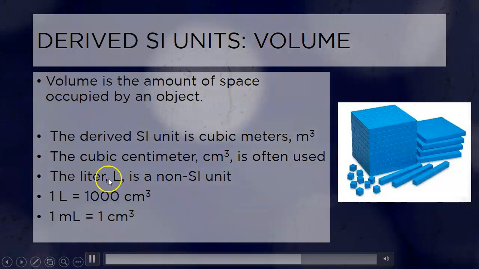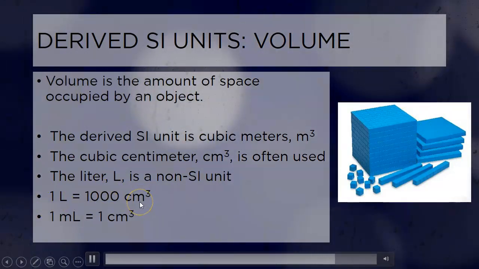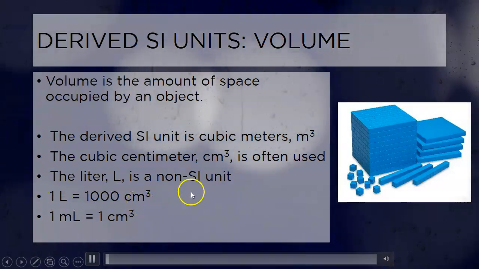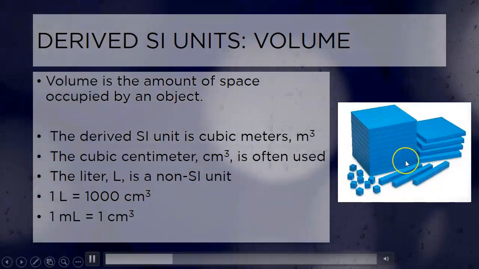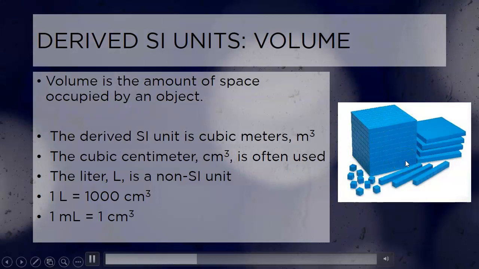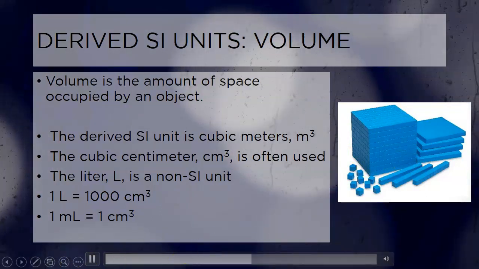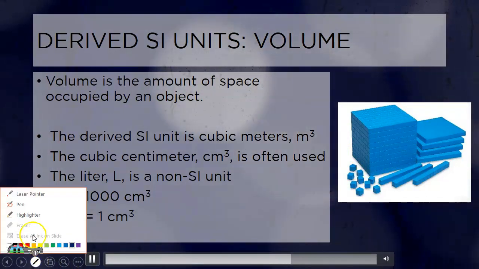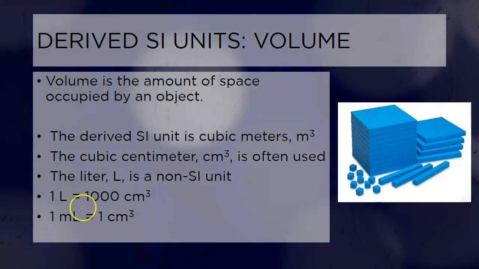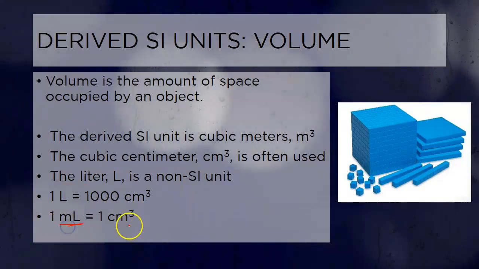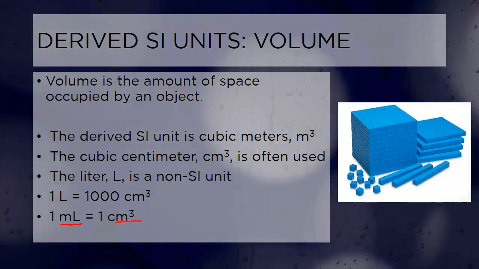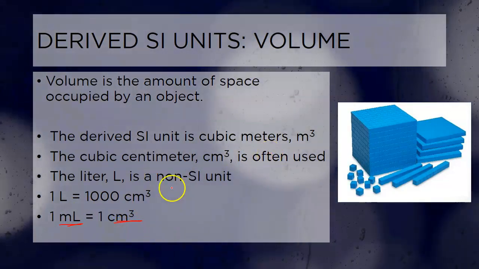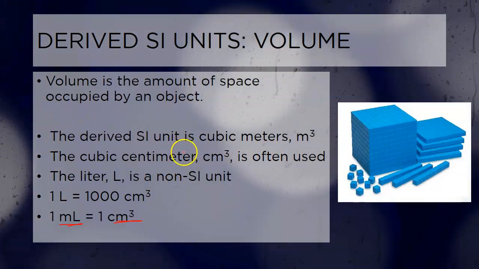Because a liter is a lot easier to say than cubic meters. But there's 1,000 little centimeter blocks in there that make up a liter. And another important thing we want to note, a relationship here, a milliliter is the same thing as a cubic centimeter. So if I have a cubic centimeter of something, I know that I also have a milliliter.